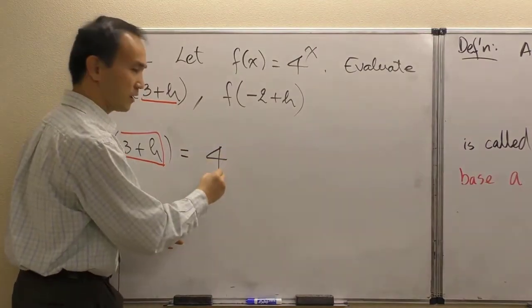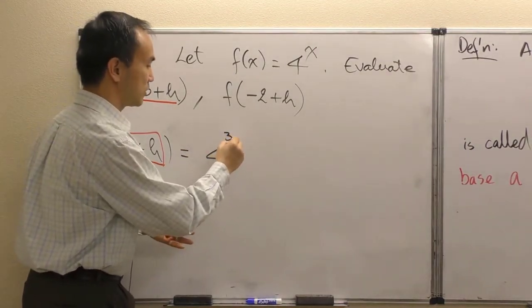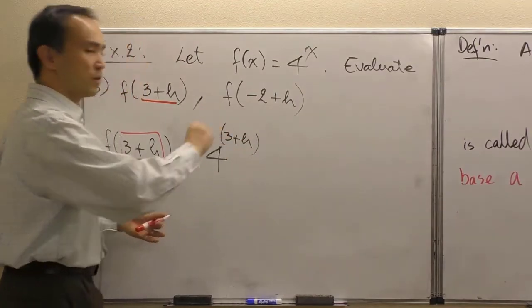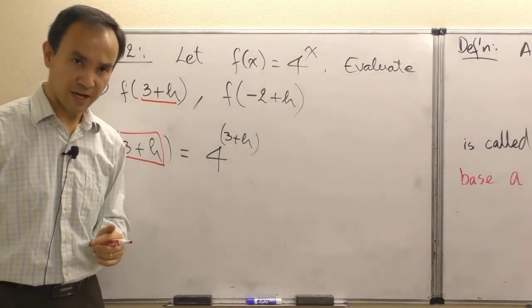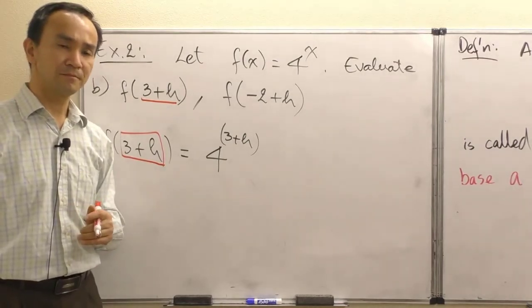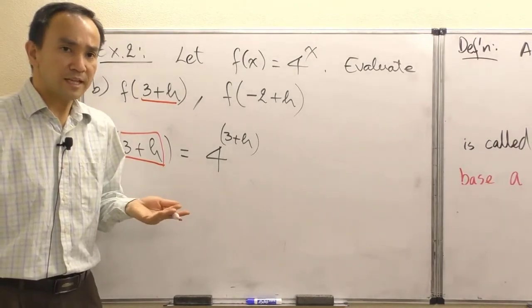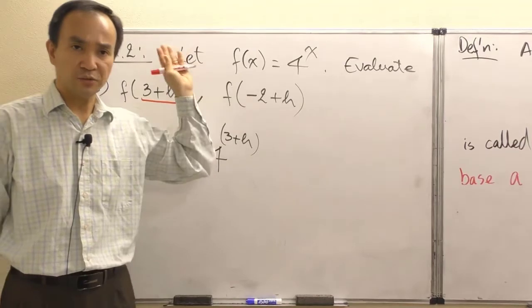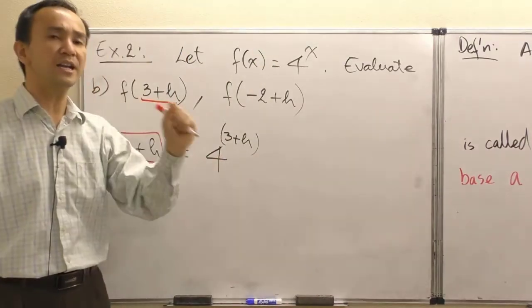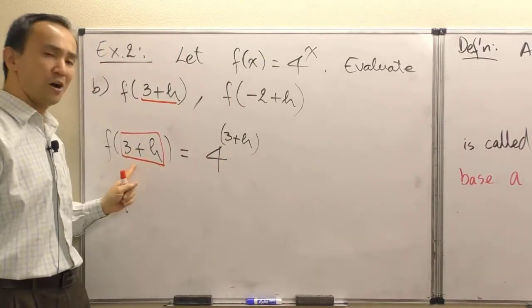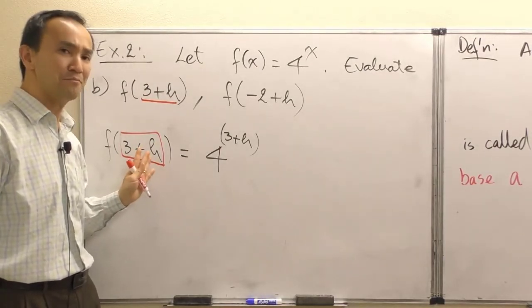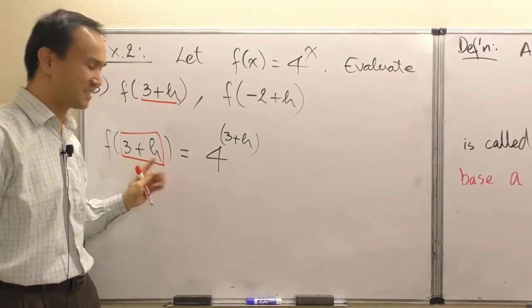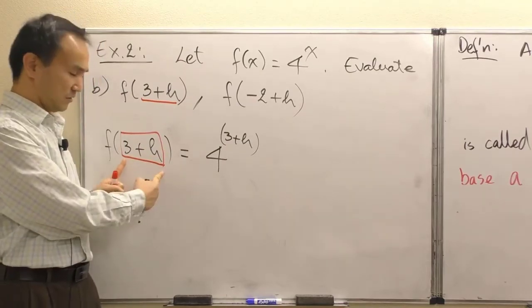So for the input, 3 plus h, that's what happened. And that's all there can be. I'm not even asking you to simplify or anything like that. All I need you to be aware of is that once you are given an input, be ready that the input is starting to get more than just a numerical value, like an expression like this.